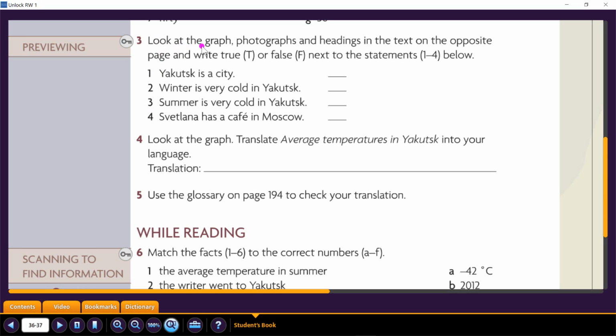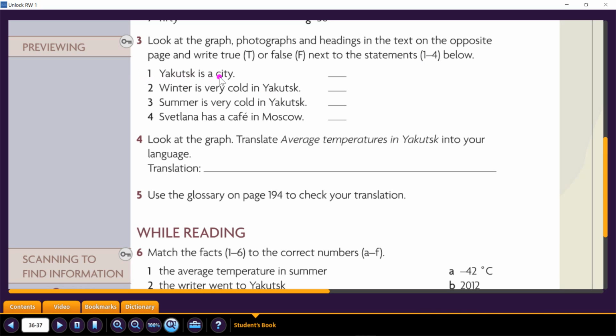Look at the graphs. We already did that. Graphs, photographs, and headings in the text on the opposite page, and write true, meaning correct, or false, meaning wrong, next to the statements 1 to 4 below. Number 1.